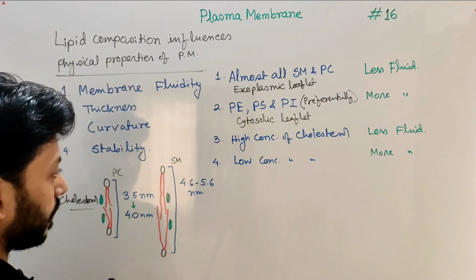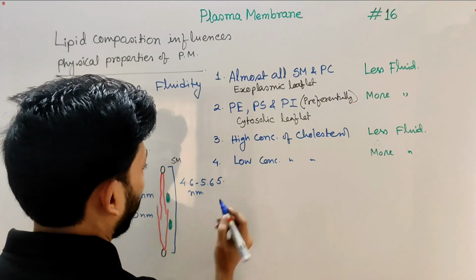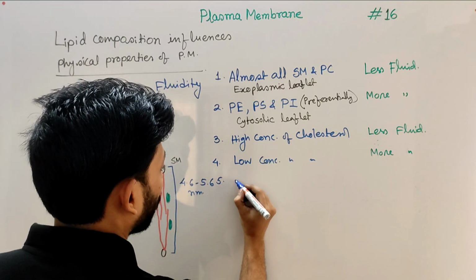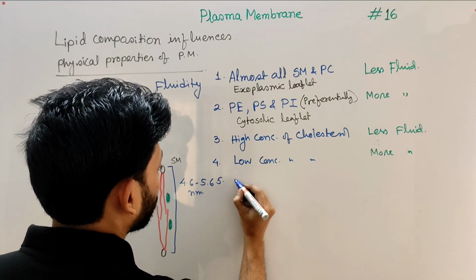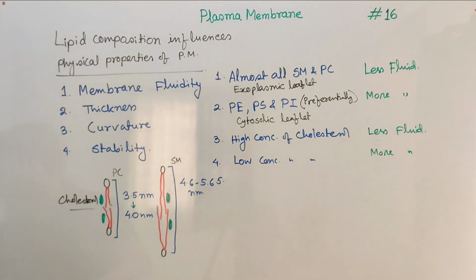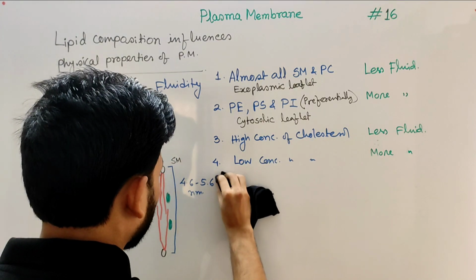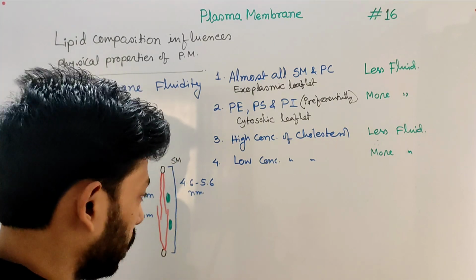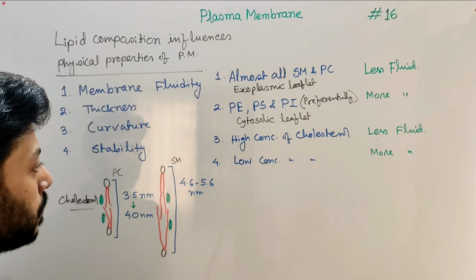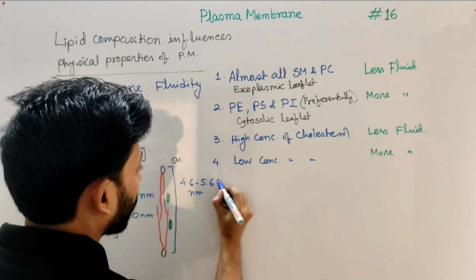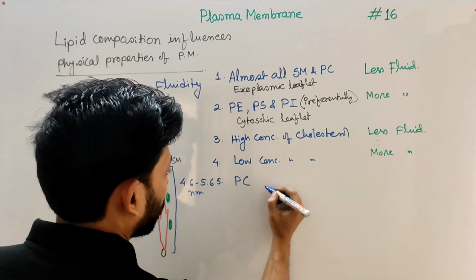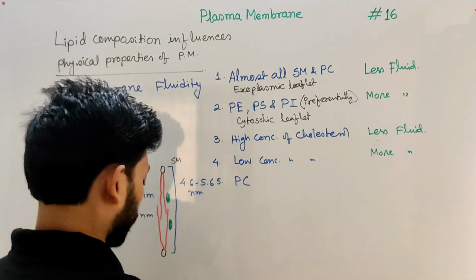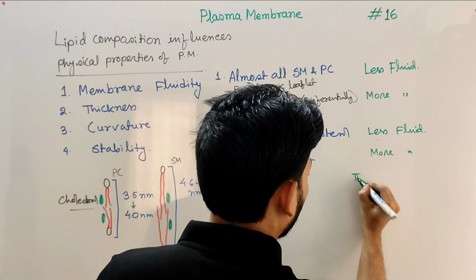So I can write here that if the bilayer contains phosphatidylcholine, the thickness is low.